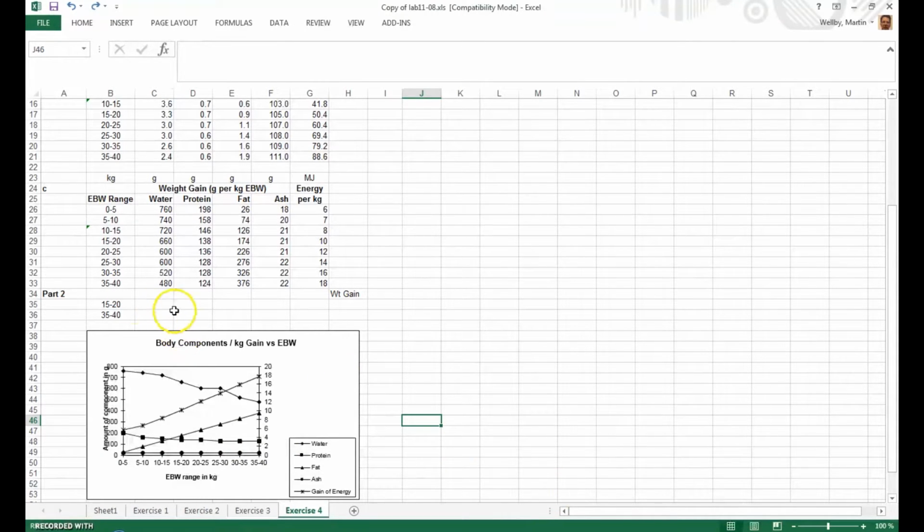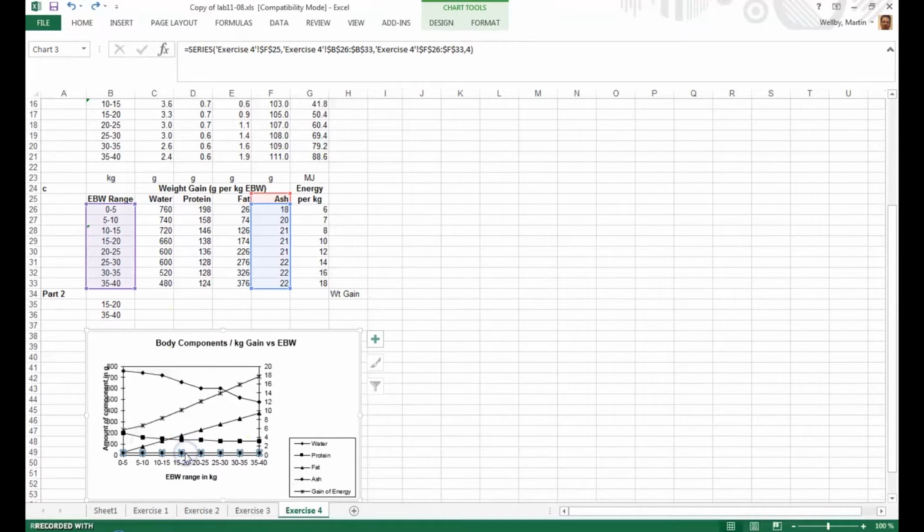Okay, so just before we move to this part 2 here, we'll just quickly look at this. So this number down here, which is the line staying pretty flat, is your ash, so it's not really changing in your body weight gain up this end as it was down that end. I'll go to this one here.